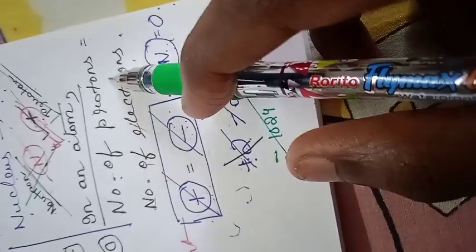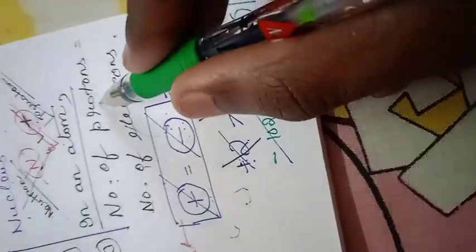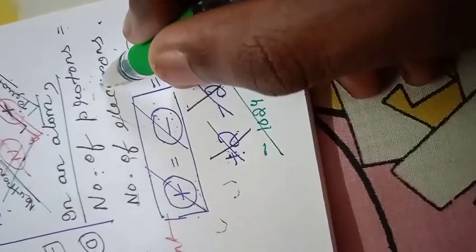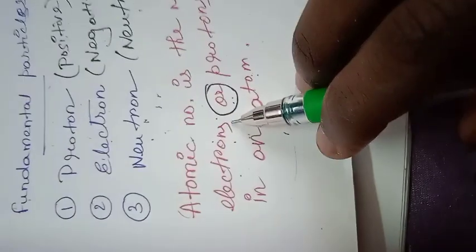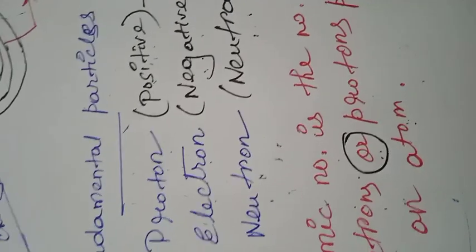Writing or and writing and have different meanings. If I write and, then the number of protons and the number of electrons would have been added. But since I'm writing or, it represents either the number of protons or the number of electrons, and since they are both the same, we can easily write or in place of and.